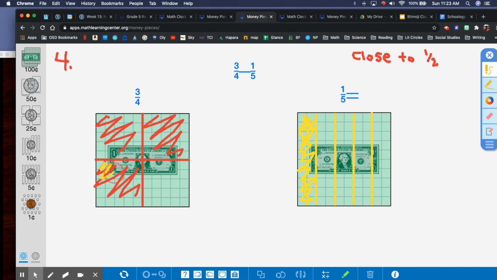So if I take away 20 of them, I'm shading these yellow because remember, I'm taking these away, and it's very subtle. But I'm left with just one strip here of 5, and then I'm left with this half up here. So my benchmark would be closest to 1/2 on number 4, because we're just left with this half up top. And then a little bit down here, but it's closer to 1/2.